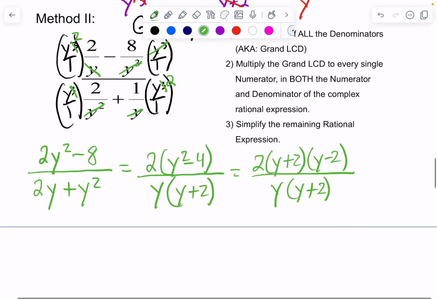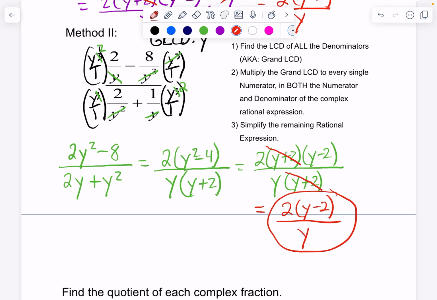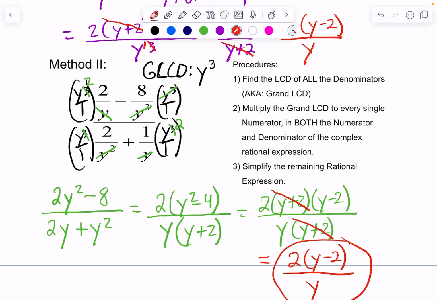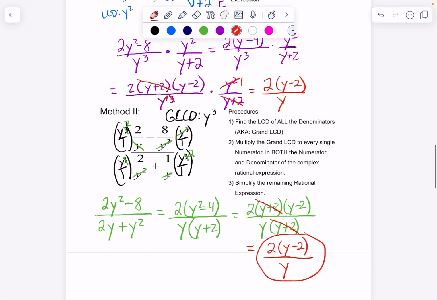And now I simplify. So the perfect binomial of y plus 2 in the numerator cancels out with y plus 2 in the denominator, leaving me with 2 times y minus 2 over y. And once again, you can see that they have the same exact solutions, okay, using method 1 or method 2.